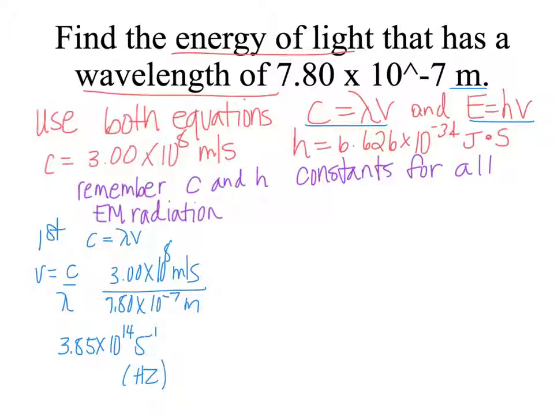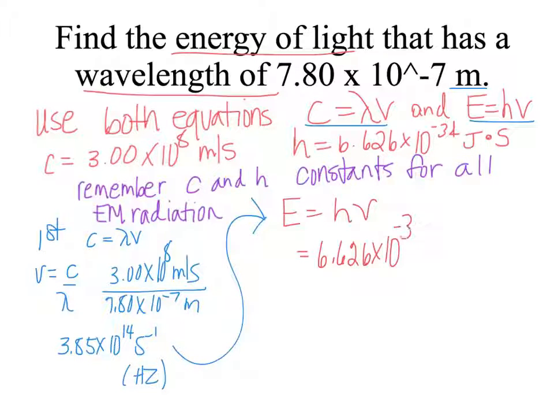And so now we're going to use that value, and for the second part, we're going to plug it into the energy equation. So this time we're going to say energy is equal to h times that frequency we just solved for. And so we're going to do the 6.626 times 10 to the negative 34 for the h value, joules times second.